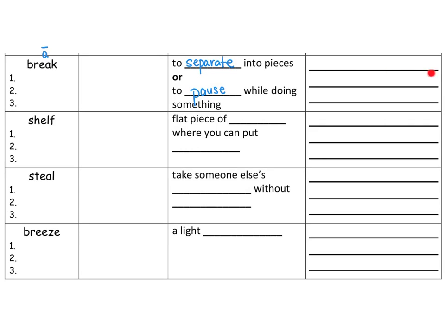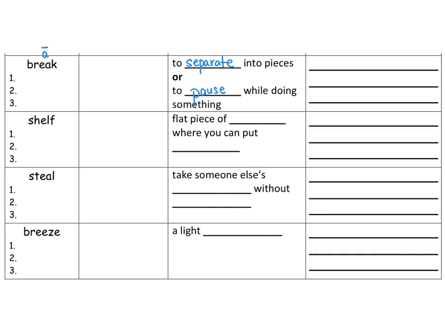My teacher was upset when I tried to break a pencil during her lesson. That one would be this kind of break, to break it into pieces. We could write a different kind of sentence. I needed to take a break during PE and get a drink. That means you had to pause while you were doing something in PE.